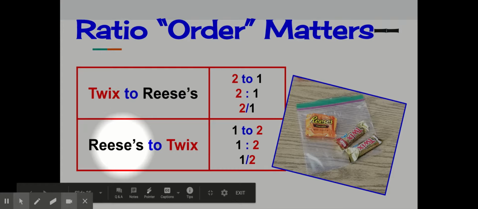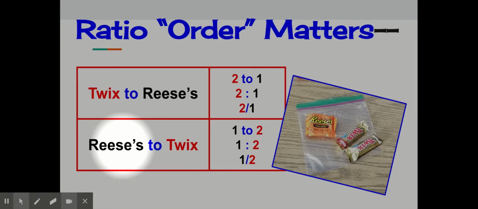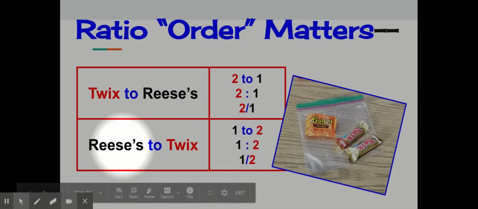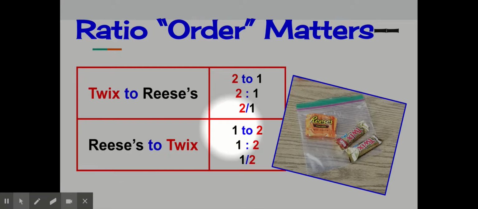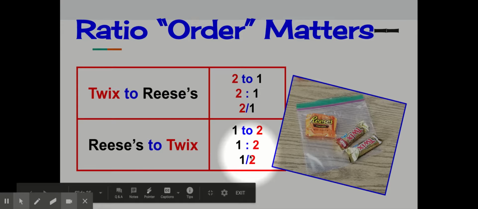If we say we're talking about Reese's to Twix, then we have to have the Reese's number come first. Reese's has to come first. So now it's 1 Reese's to 2 Twix. The 1 comes first because the Reese's came first. The 2 comes after the word to because the Twix came second. 1 to 2.